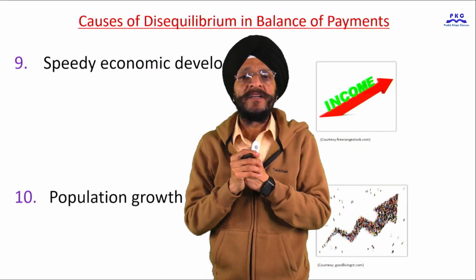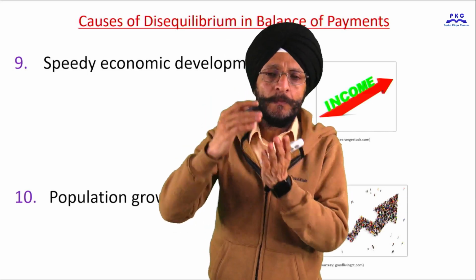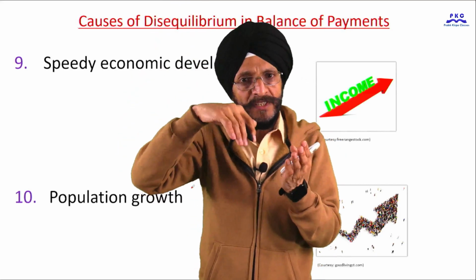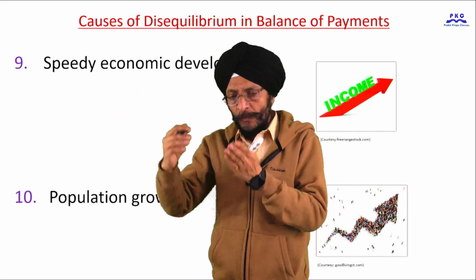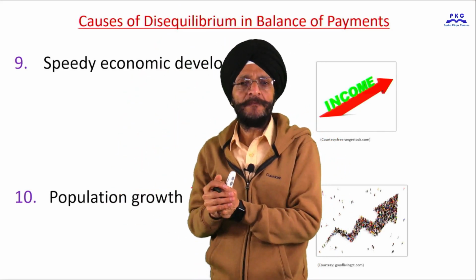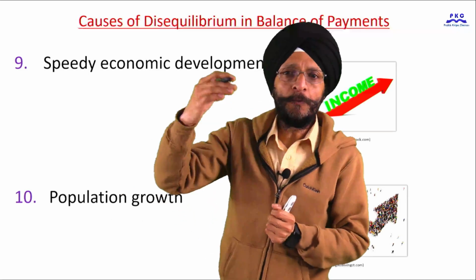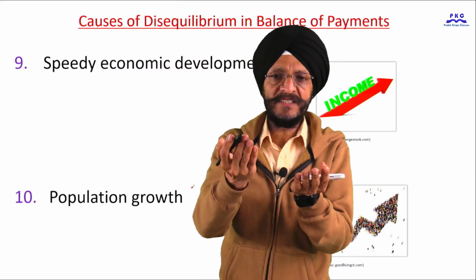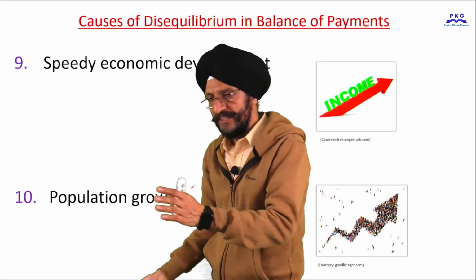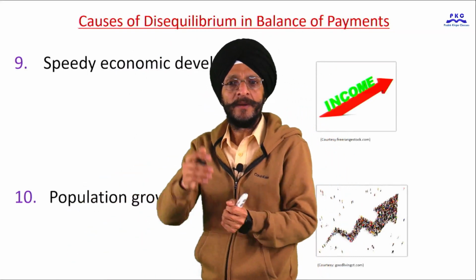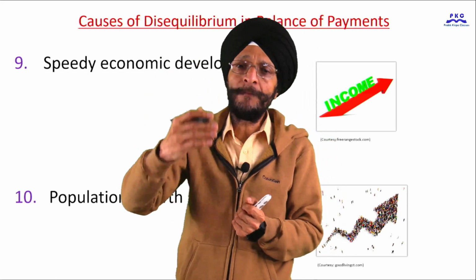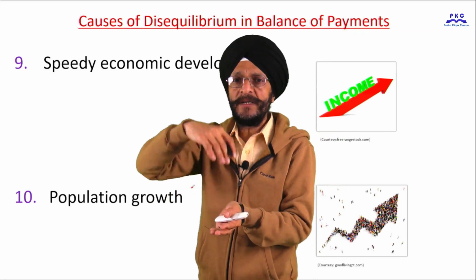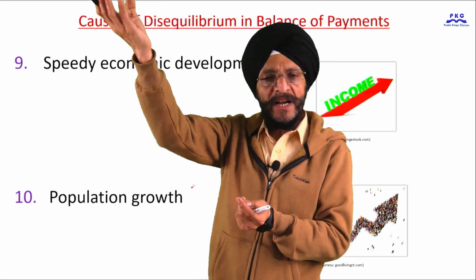They try to purchase not only the domestic goods which are available, but also the imported goods. Because income level has increased, they will not only purchase the goods which are available domestically, but will also purchase those goods which are not produced locally but produced abroad and have been imported.